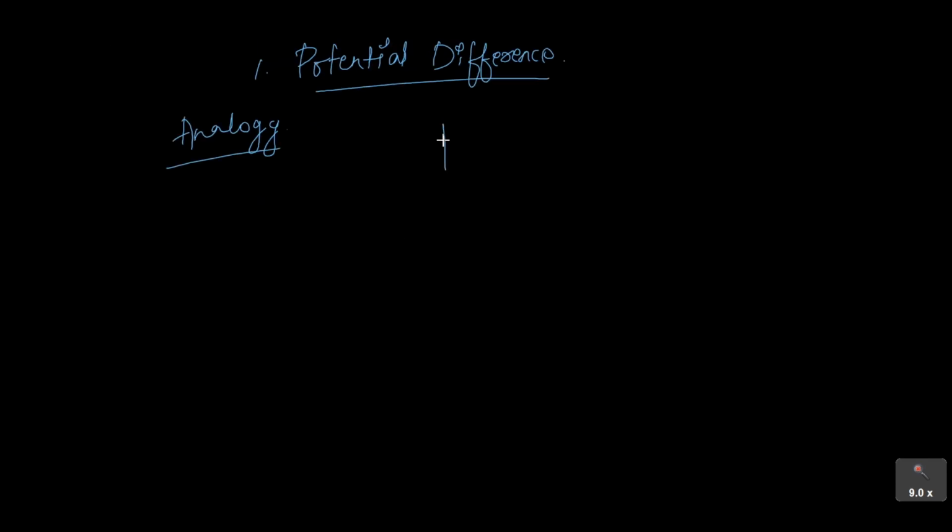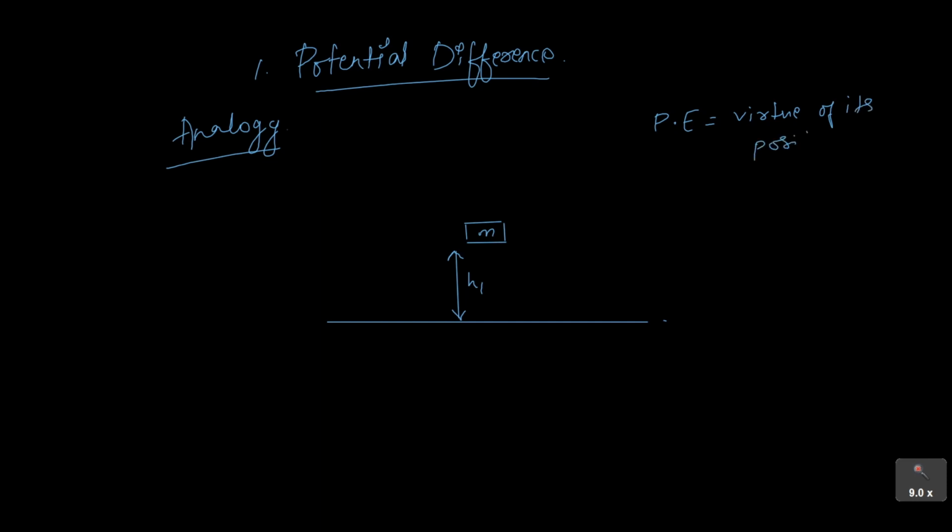If I have a horizontal surface like this, which is the ground, and I have a mass over here, which is at height h1 from the ground level, then we know that it possesses some energy, called potential energy, by virtue of its position.